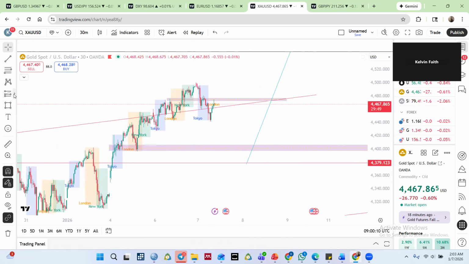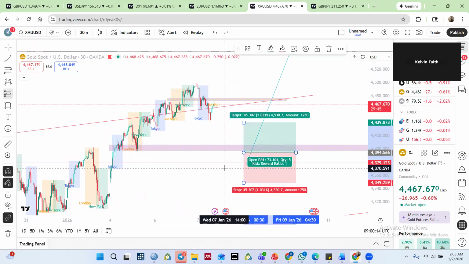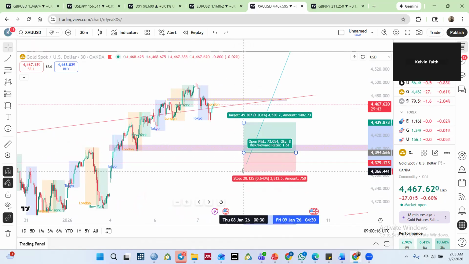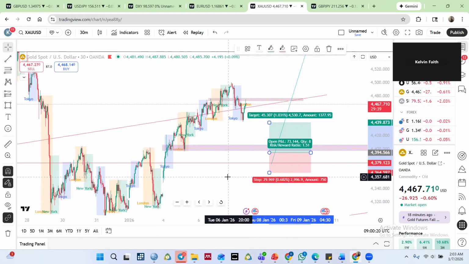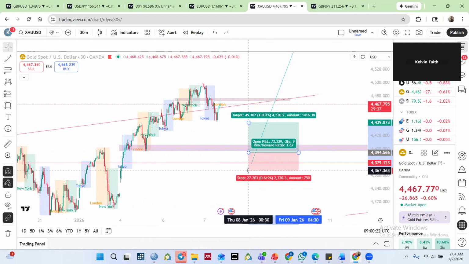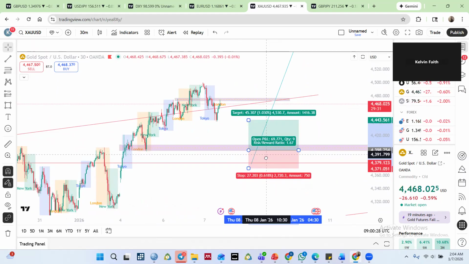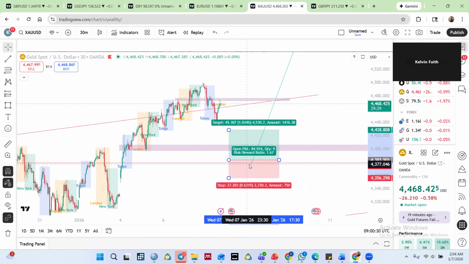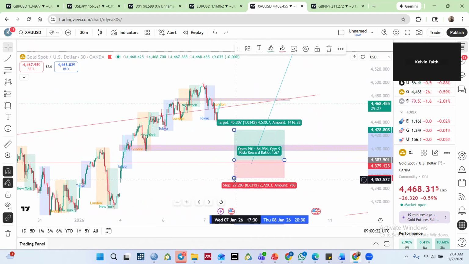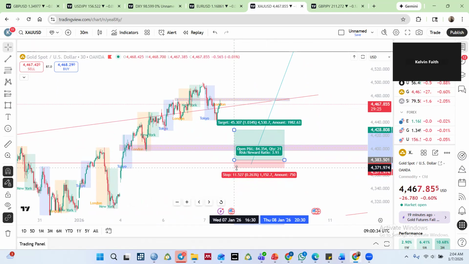My stop loss will be a little bit below this area, just a little bit. Maybe the entry is here, but let me push it a little bit down. Stop loss a little bit below here.